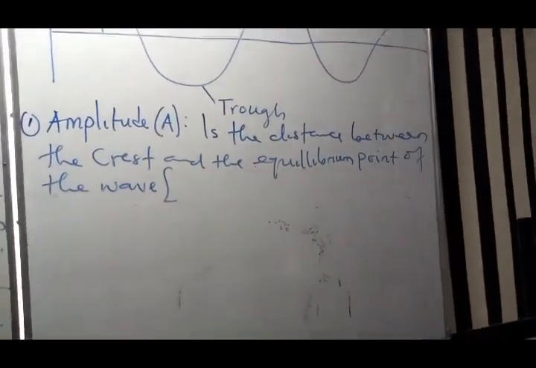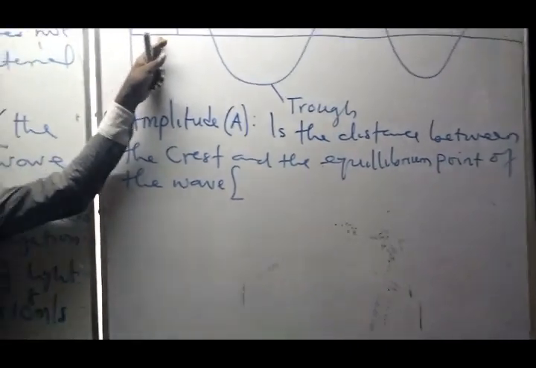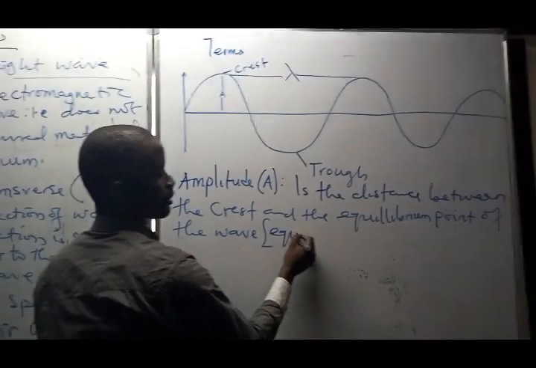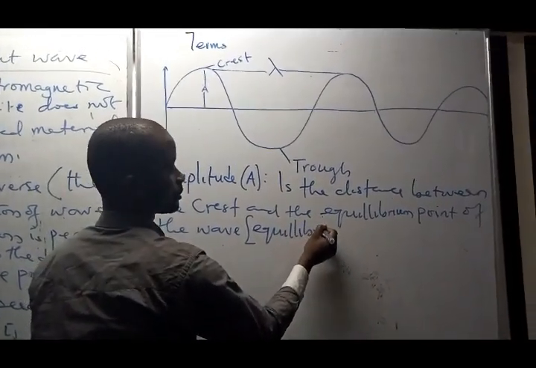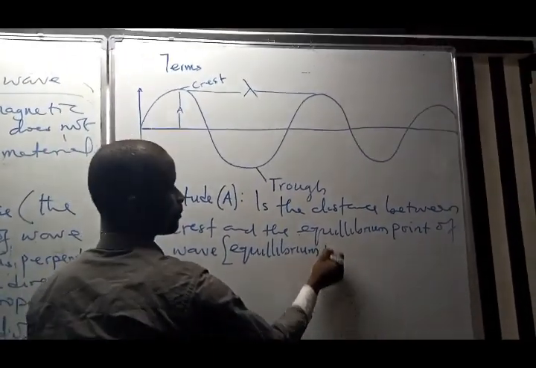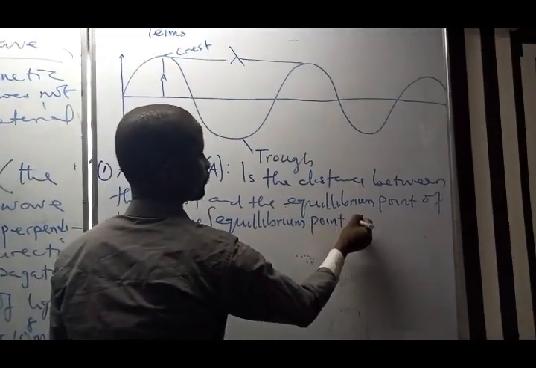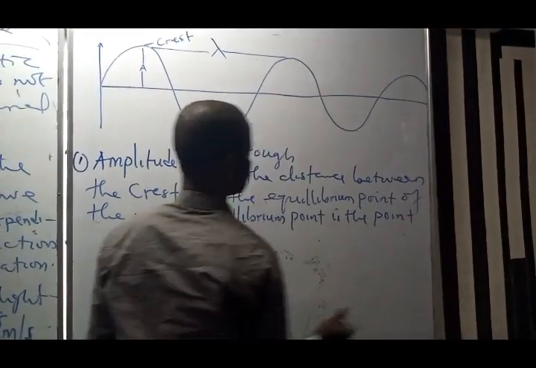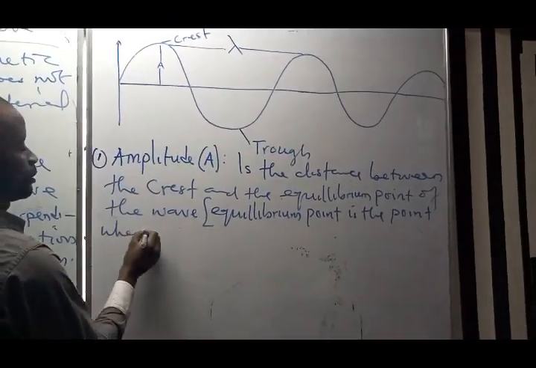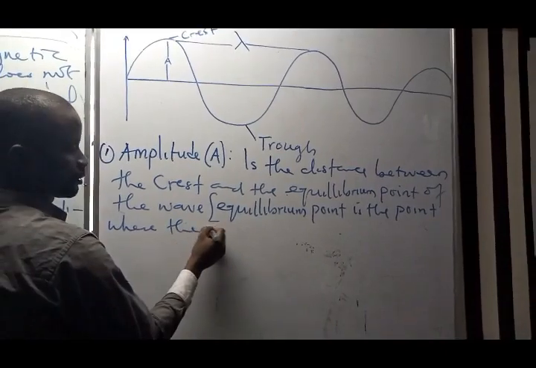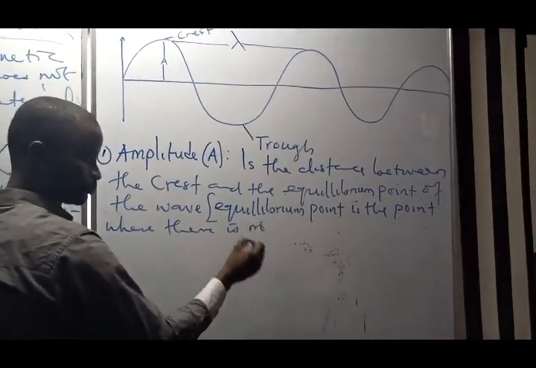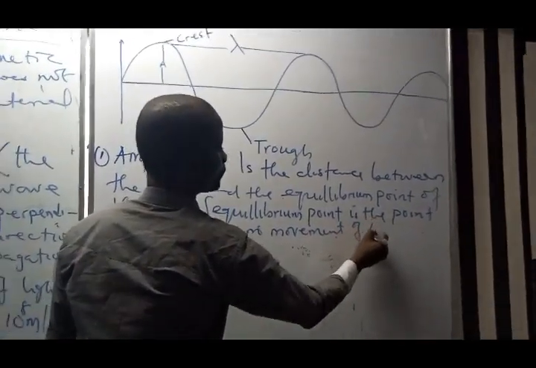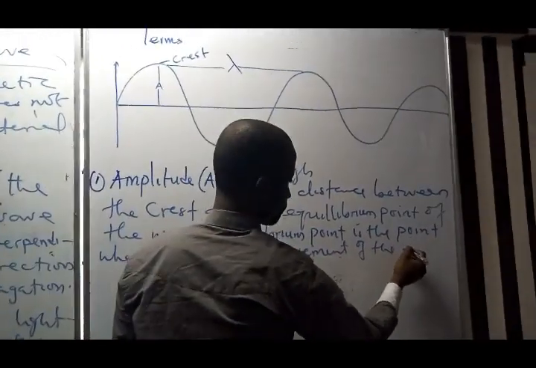The equilibrium point simply means the point where there is no movement of the particle. That is, the equilibrium point is the point where there is no movement of the particle.